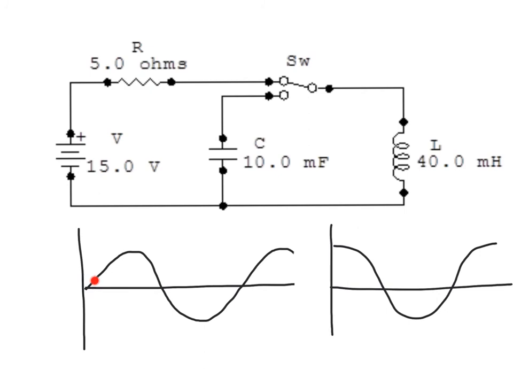So the charge and the two voltages will start at 0 and will oscillate according to a sine function, whereas the current, if we plot the current through the circuit, starts high, and when the current goes to 0, the capacitor will be fully charged.